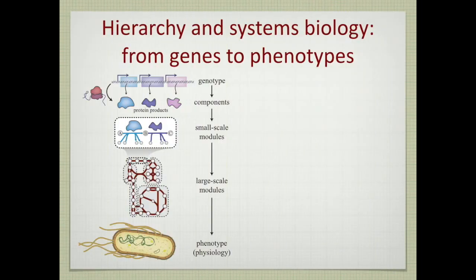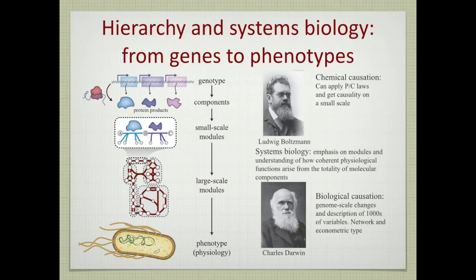So all of this leads us to the view of cells in a hierarchical fashion. I mean, the genotype-phenotype relationship is hierarchical. It goes from the individual molecules all the way to whole cell functions. And if we think about the history of science, when you think about chemical causation or physical causation, we may think of people like Boltzmann and the Boltzmann equation and so forth.